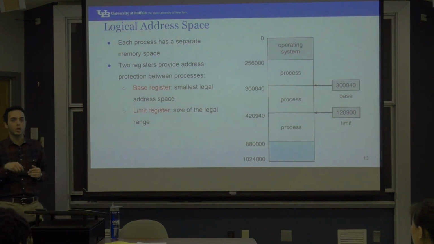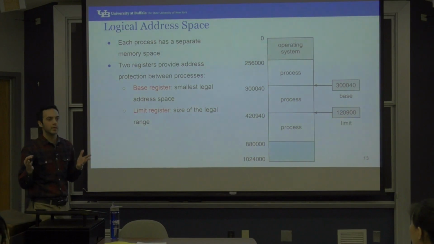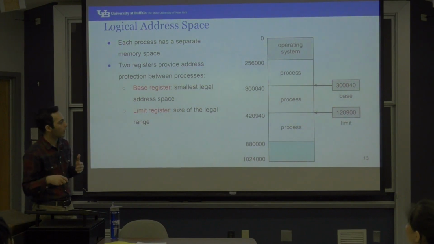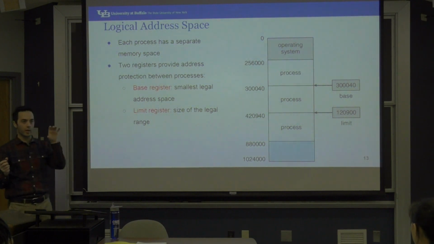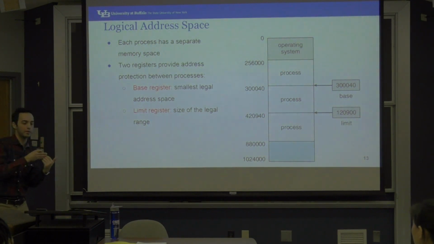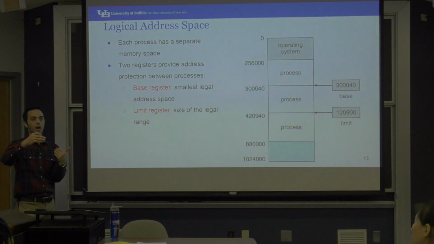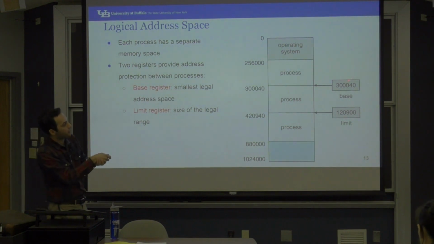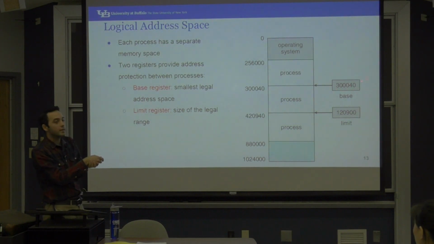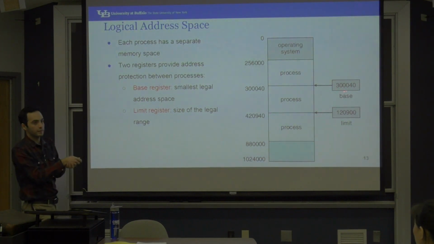When a process is only using 4 megabytes of memory, their limit is 4 megabytes, and they can address between 0 to 4 megabytes, but it's not actually loaded from 0 in your memory. It might be loaded at this address. The operating system is loading this process at this address. So the process doesn't know this, but the operating system does.